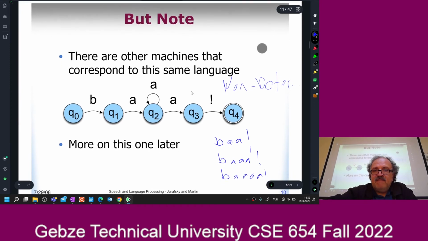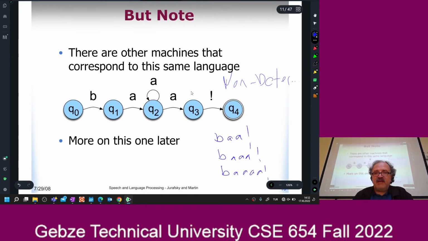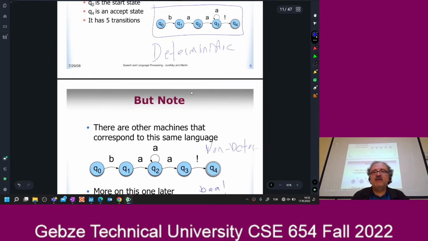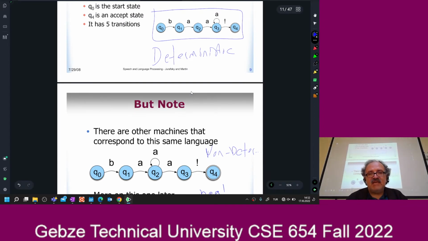But then we have this kind of finite state machine too. Let me show you two at the same time. Both of them accept exactly the same string set, and they reject exactly the same string set. But one of them is a deterministic finite state machine.